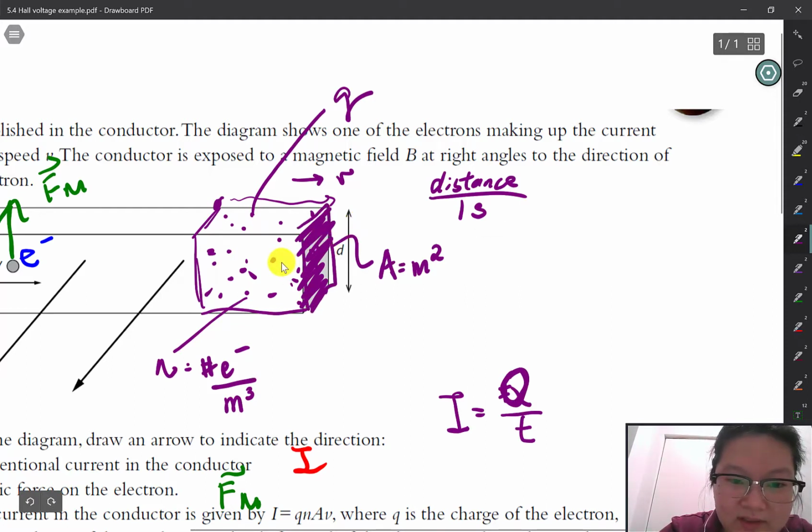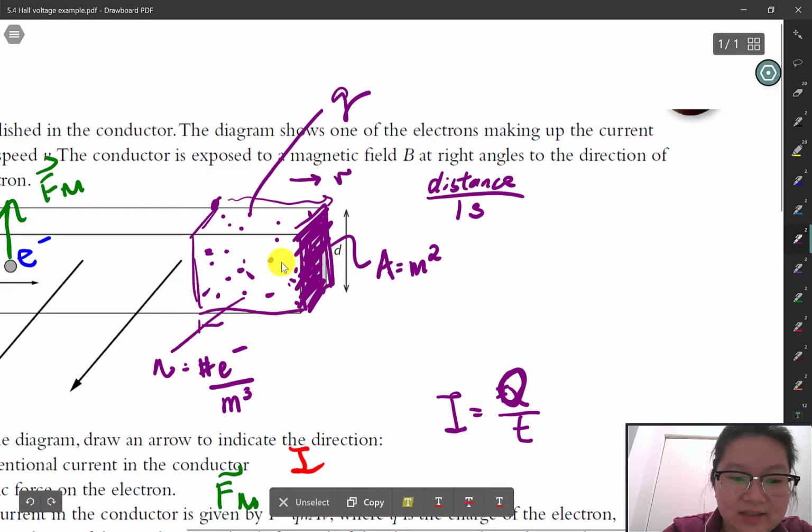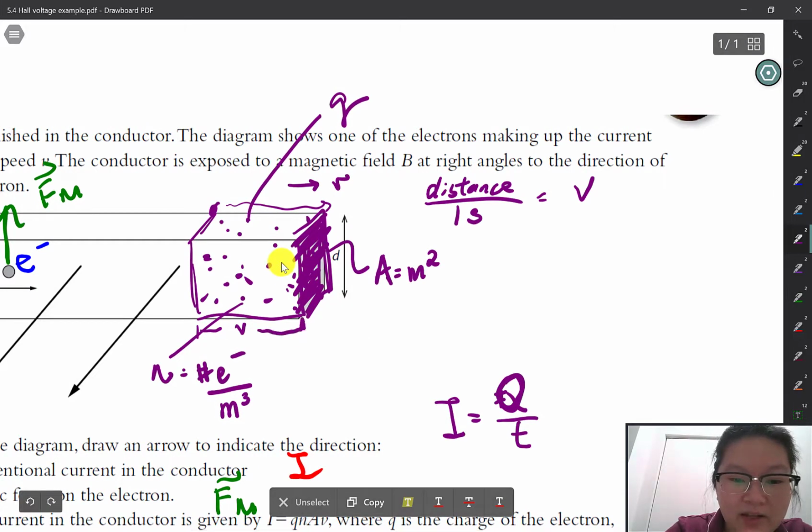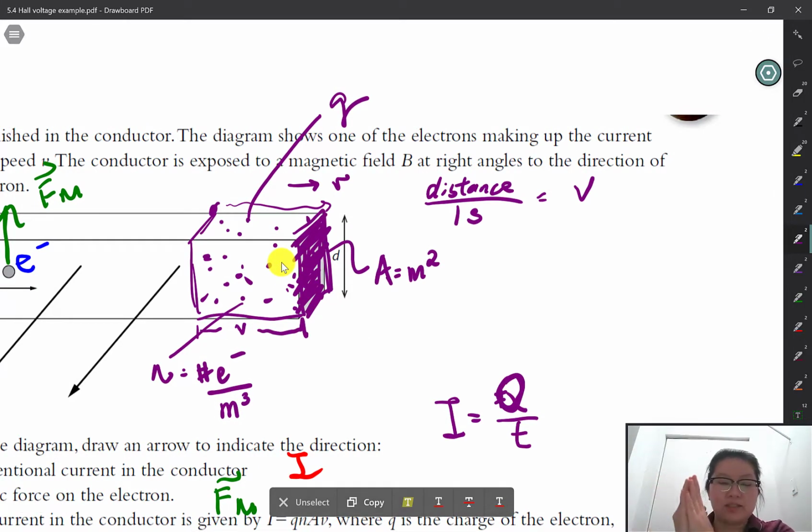So after 1 second, all of these guys, let's say that this distance here is actually equal to V, because if you think about it, in 1 second, these electrons would have traveled that far, so this amount of electrons in that space will pass the cross-sectional area.